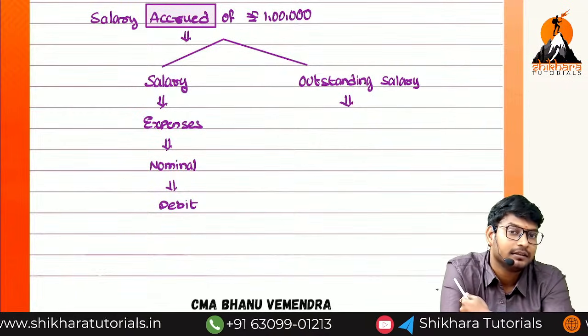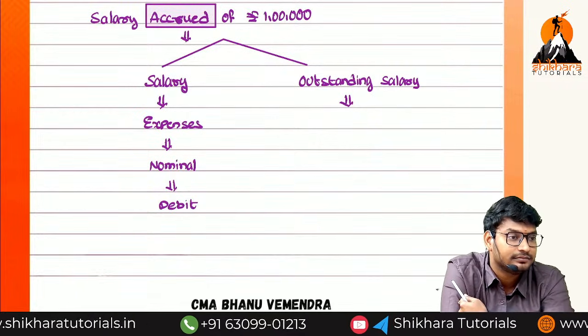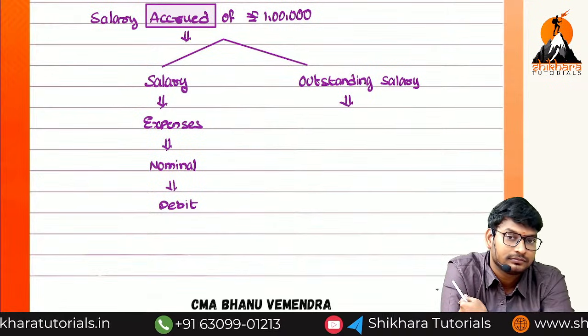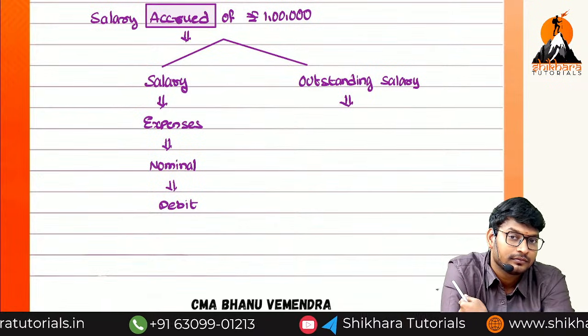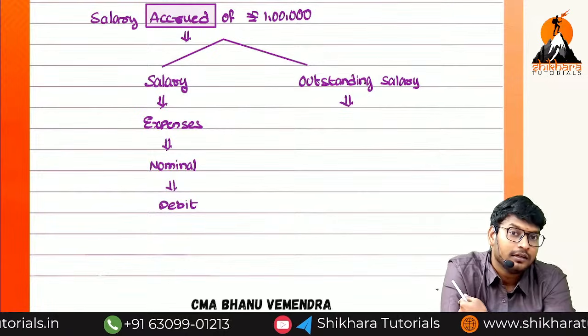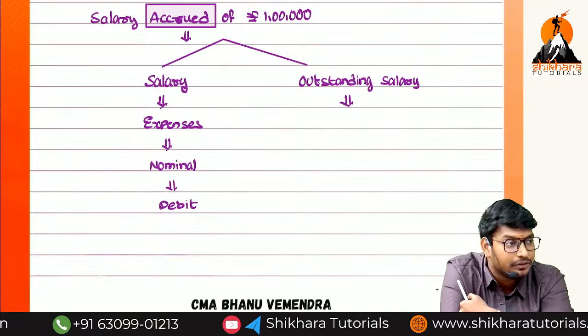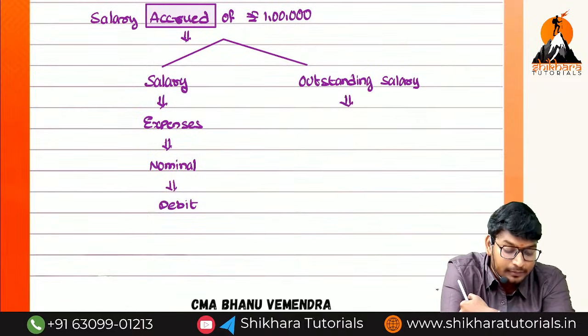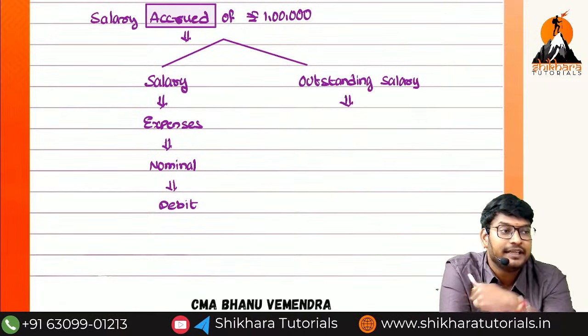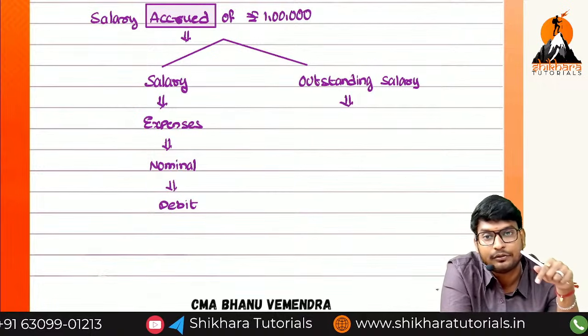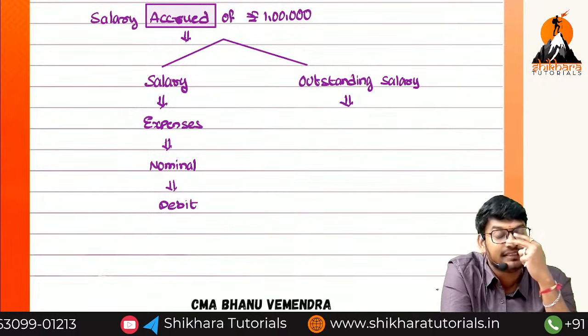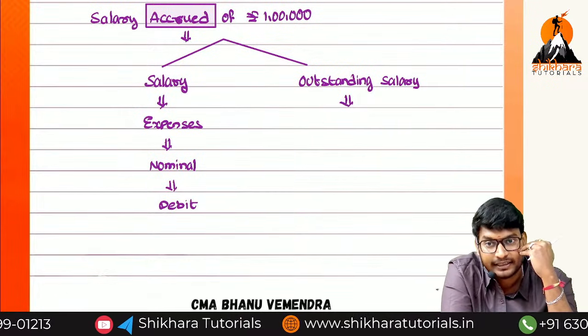Credit sales. Why have you debited the debtor? So in future you have to pay to us. Here, in future we have to pay to whom? We have to pay to the employees. Means asset or liability? It is a liability.